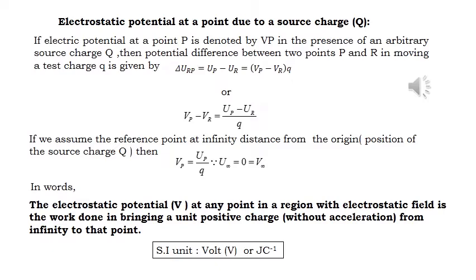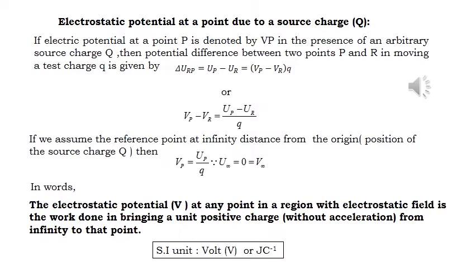This is the meaning. If we assume the reference point at infinite distance from the origin, that is the position of the source charge, then the potential at a point P is defined mathematically as V_P equal to U_P by q.